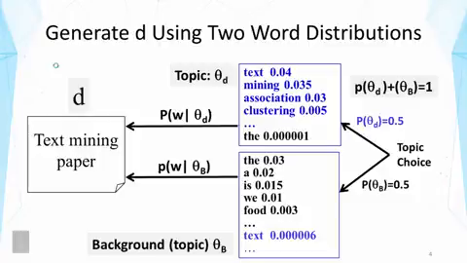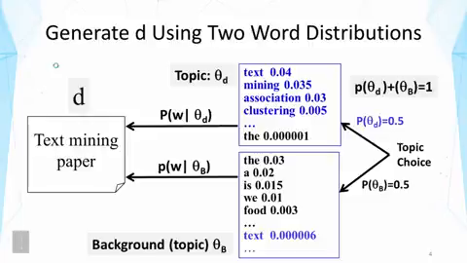Well, it's just a small modification of the previous setup where we have just one distribution. Since we now have two distributions, we have to decide which distribution to use when we generate the word. But each word will still be sampled from one of the two distributions. Right? So text data is still generated in the same way.